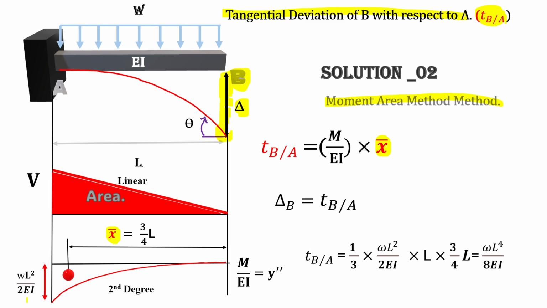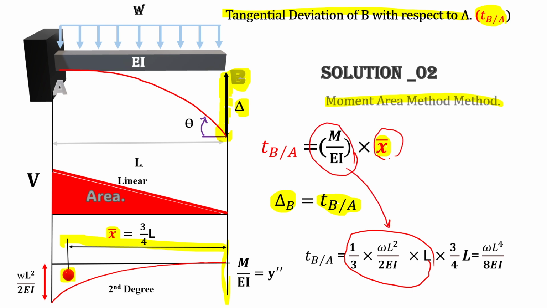And then we have our distance from the centroid to the vertical line passing through B, and delta B is equal to the tangential deviation of B with respect to A, so we can easily calculate delta B, which is TB with respect to A. This is the area part of our M over EI, the area under M over EI.